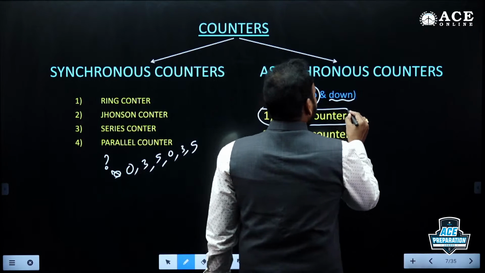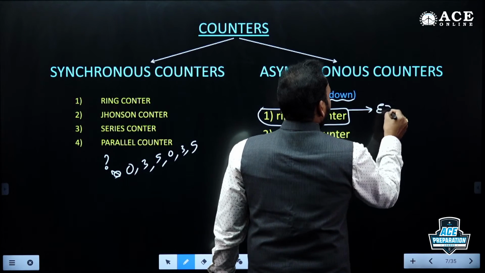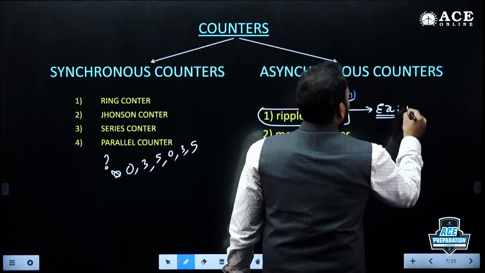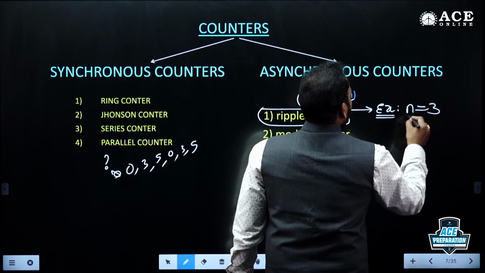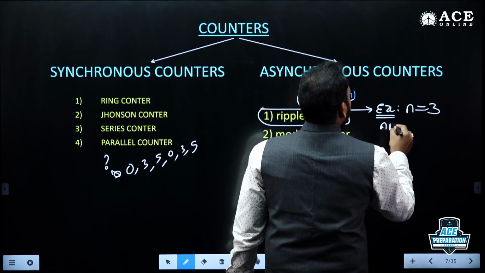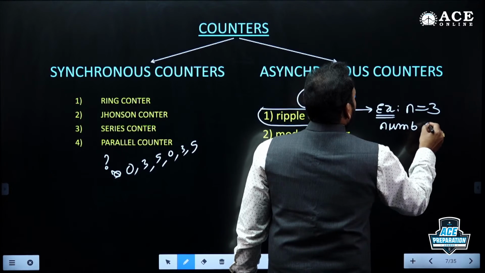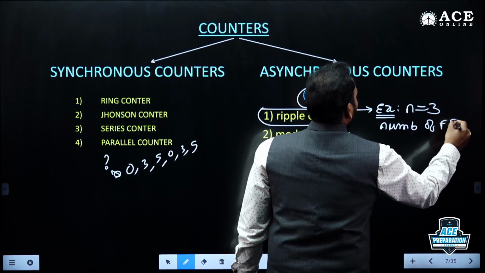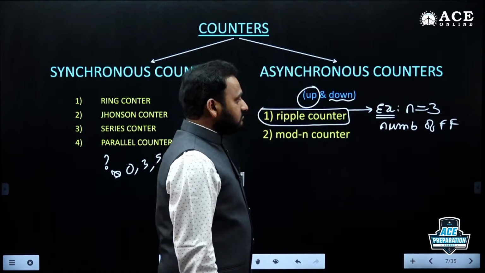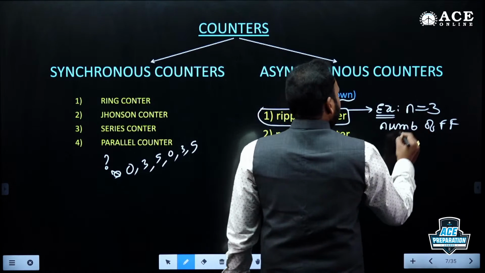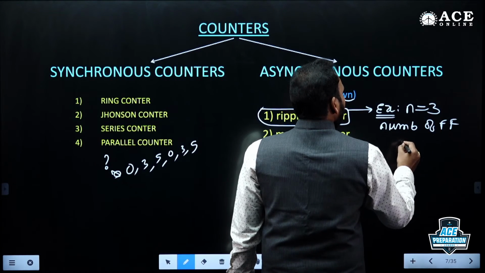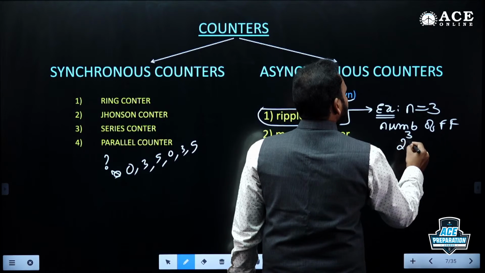For example, n is equal to 3. Here n represents the number of bits or number of flip-flops. So possible states with 3 bits or 3 flip-flops is 2 to the power of 3.